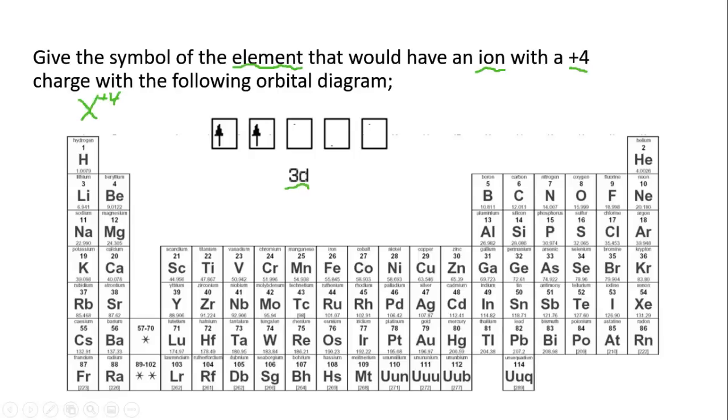So remember, for transition metal cations, you remove electrons from the highest S and then D orbital.